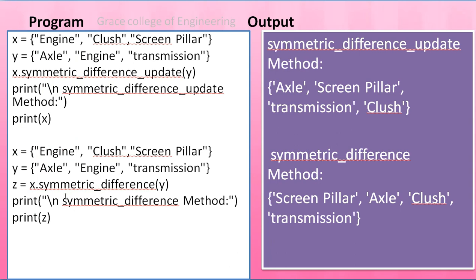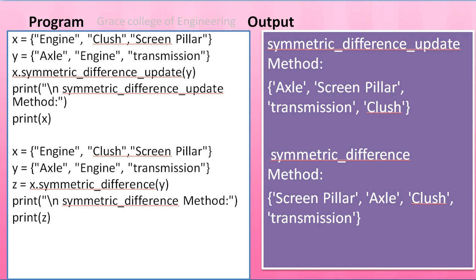And next one, two sets are created, then z is equal to x.symmetric_difference(y). So print the symmetric_difference method, then print z. You can get the output, that is screen pillar, axle, clutch, transmission.